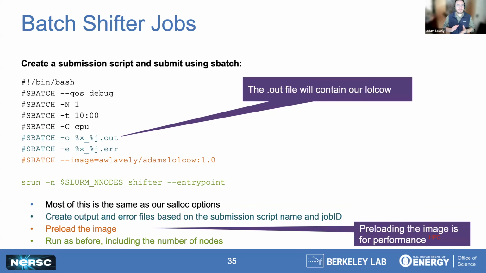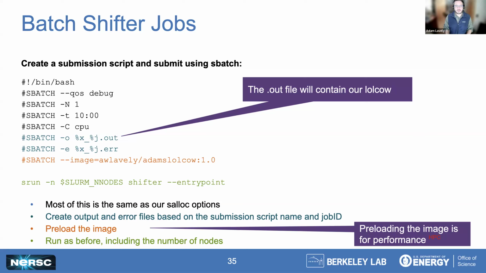For our batch Shifter jobs, when we're requesting resources, these all look the exact same as for Podman HPC, and very similar to our salloc on the previous slide. Just like with the salloc, we give it the image to preload, and then we run using srun.